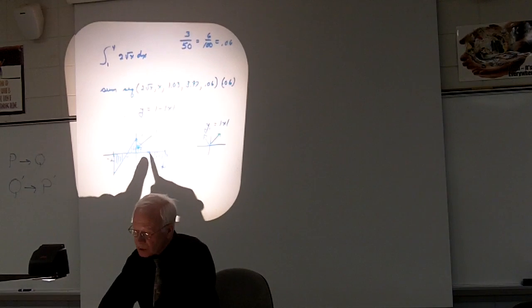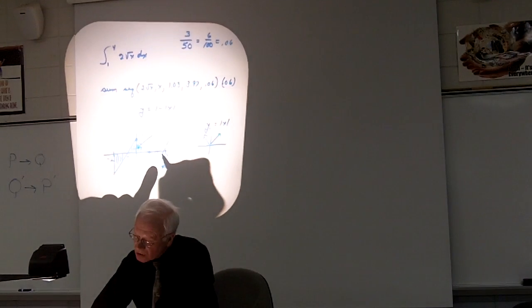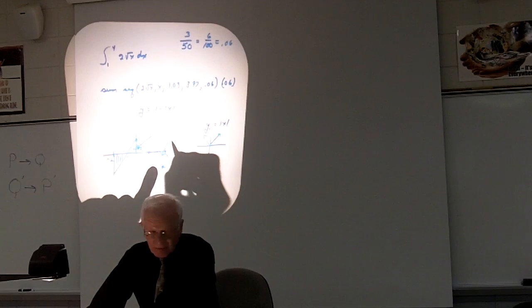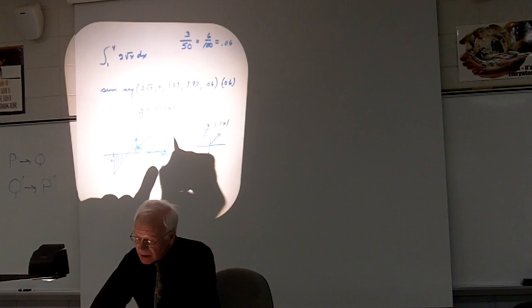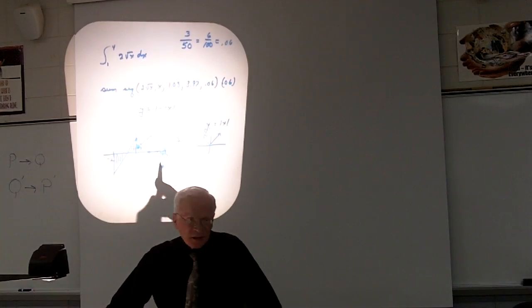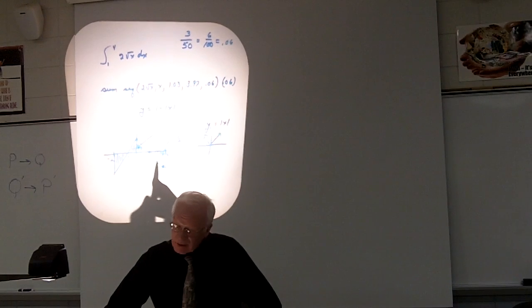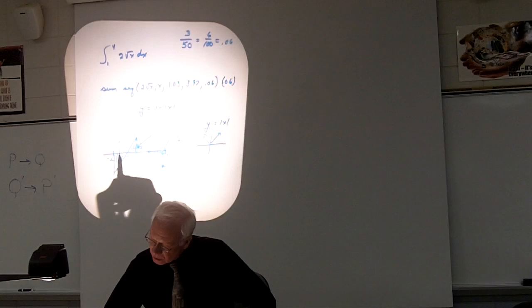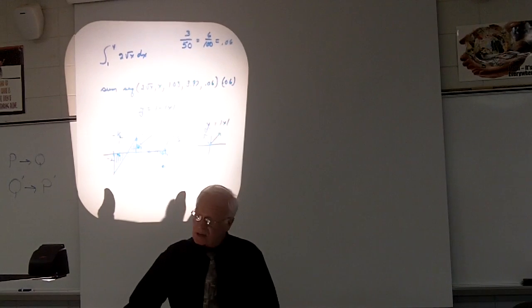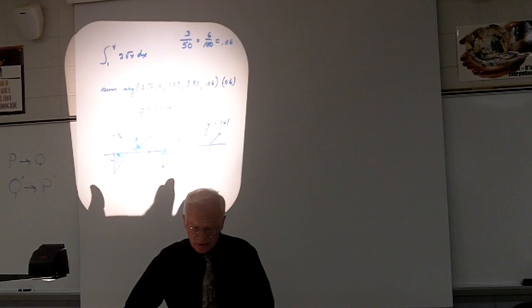And so this is 1 this way, 1 this way. So that's going to be, if we're doing Riemann sums, a negative 1/2. If we're doing area, it's a half. With me? Area is a half, but if we're doing Riemann sums, it's a negative half. Same story goes over here. That's also a minus 1/2. So if we go to net areas kind of idea, we have nothing here. That's a 0.